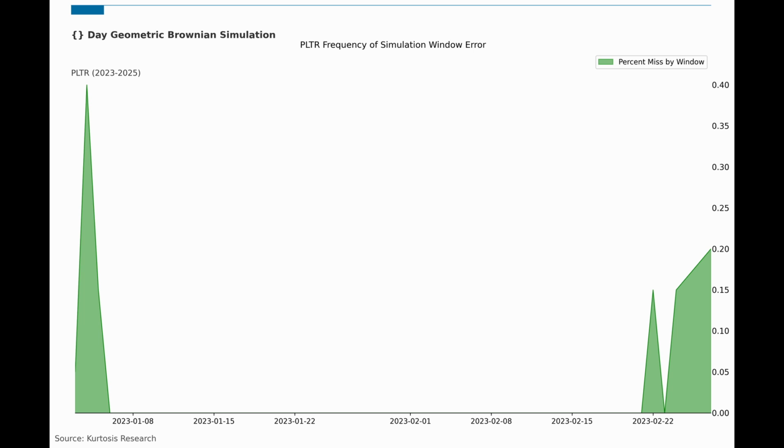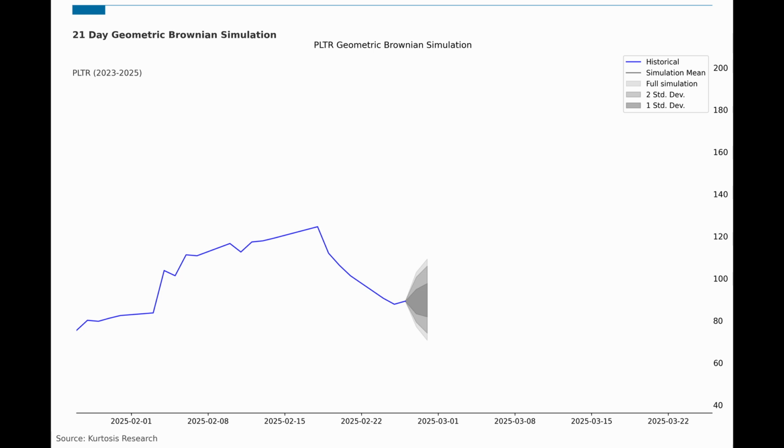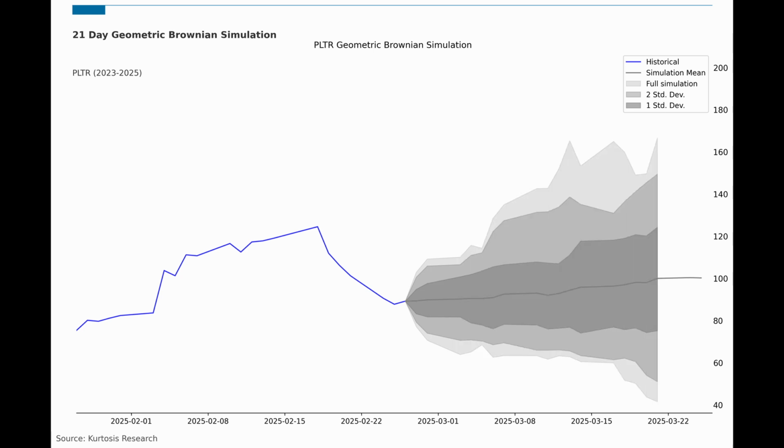Let's see what we come up with in terms of a general prediction, what will happen over the next 3 weeks. 3 trading weeks, 4 trading weeks. And this is it. This is what we see. So the question is, at the end of about a trading month in the future, will we see a price that is largely in this band?